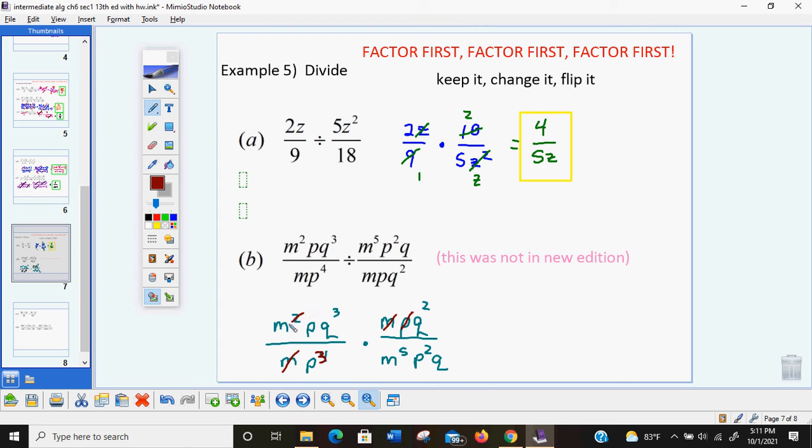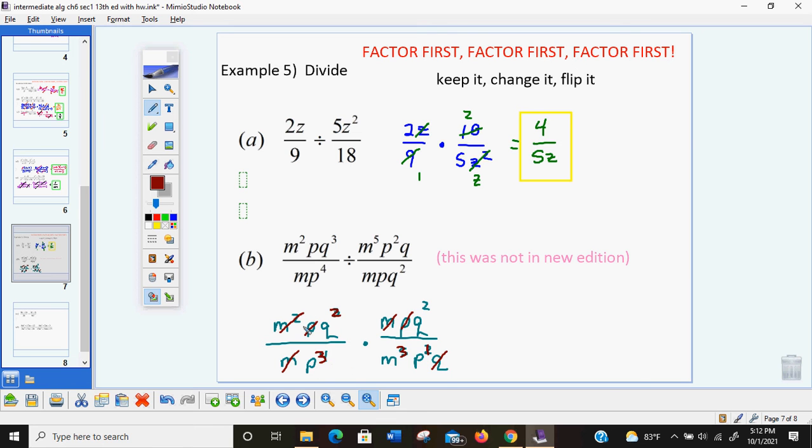So that's going to cancel and leave me with 3 on bottom. I have 1p here, 2 there. So this one's going to go away, and it's going to leave me with 1 there. I have 3 q's on top, 1 q on bottom. So that q is going to cancel and leave me with 2 on top. You're always going to be left with, if there's more on top, you have some left on top. If there's more on bottom, you have some left on bottom.